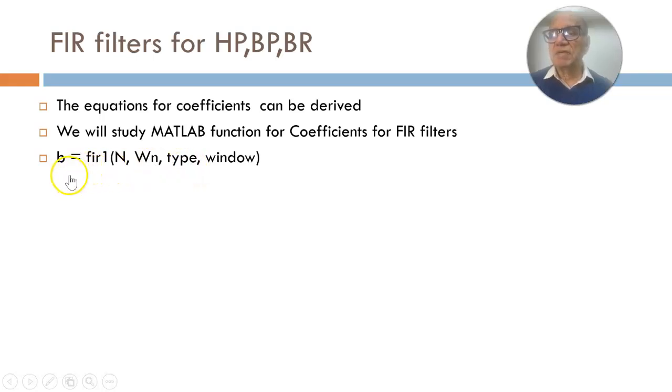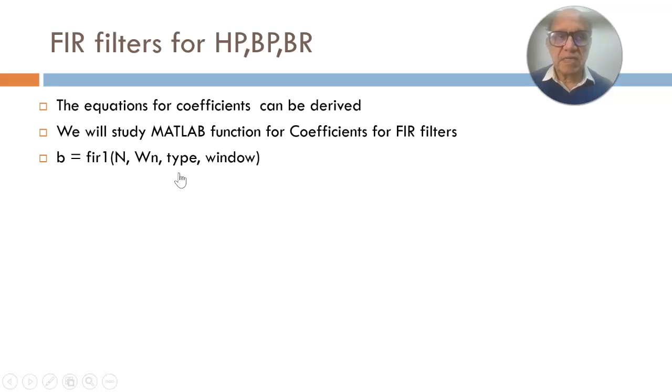So this is how you call the function FIR1. So let's look at the input parameters. The first one is n, that denotes the order of the filter, number of delay elements in the filter. Then the normalized cutoff frequency, that will be specified in Wn.